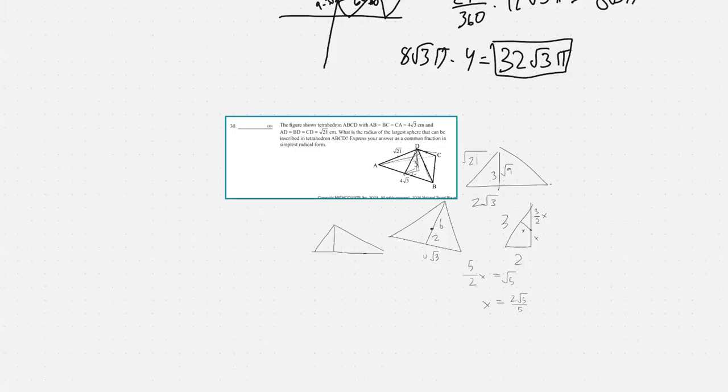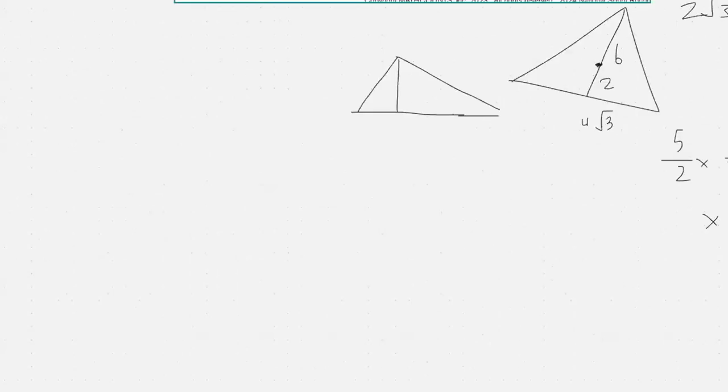But if you didn't want to use similar triangles, then you could use this formula. And if you didn't know the formula, then you could use Vincent's way to do it. But I guess I'll just show without similar triangles.